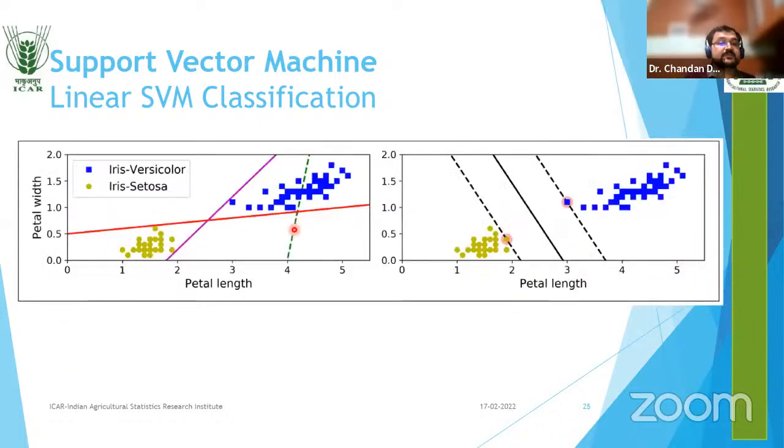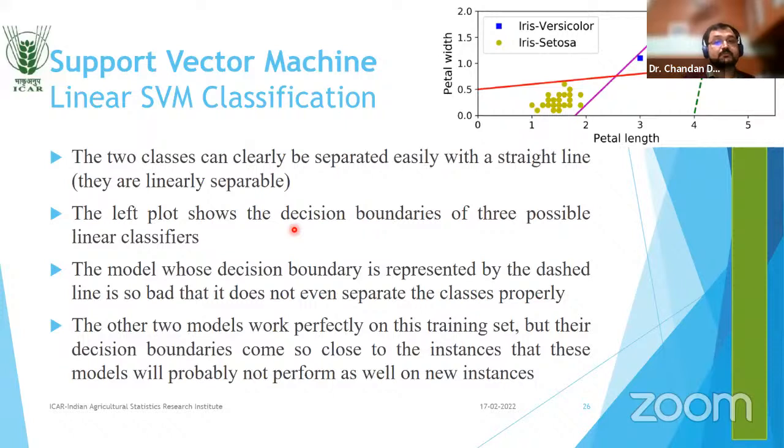Some observations from these two pictures. Here we can see that the two classes can clearly be separated easily with a straight line, that is, they are linearly separable. Sometimes it depends on your data whether it is linearly separable or not. On the basis of that situation, you can use the technique which is suitable for your data.